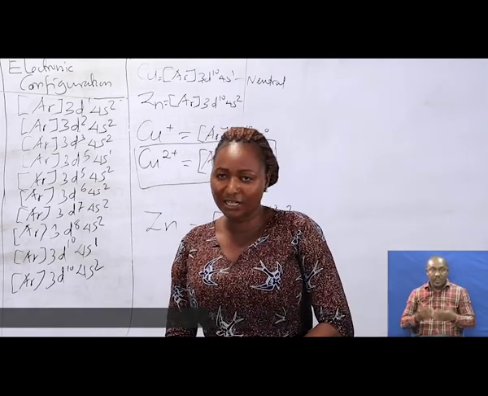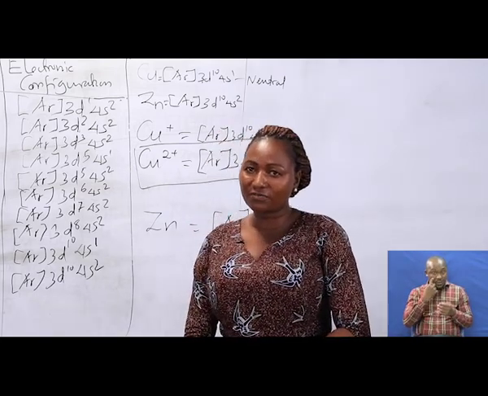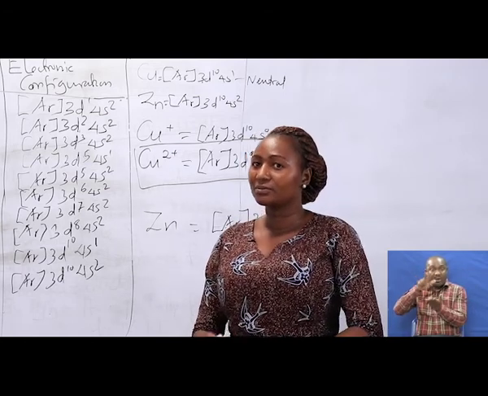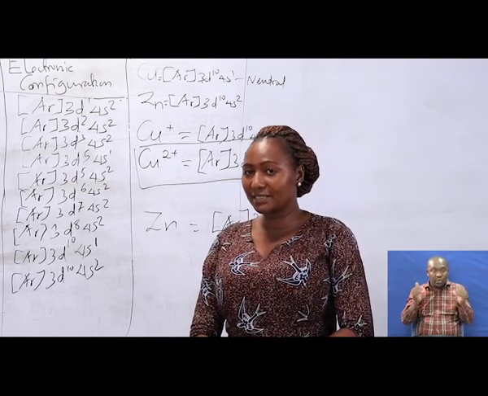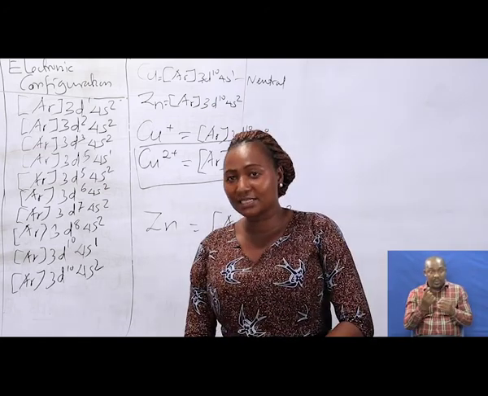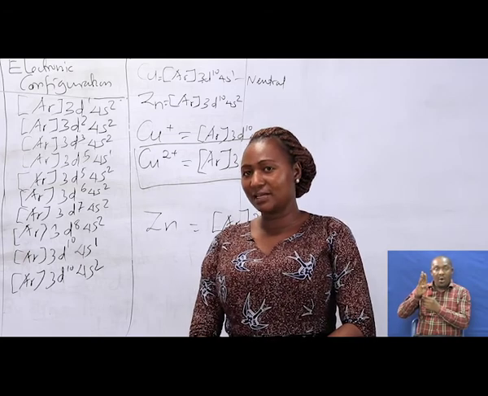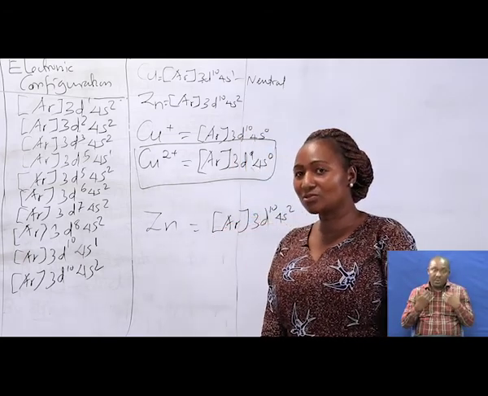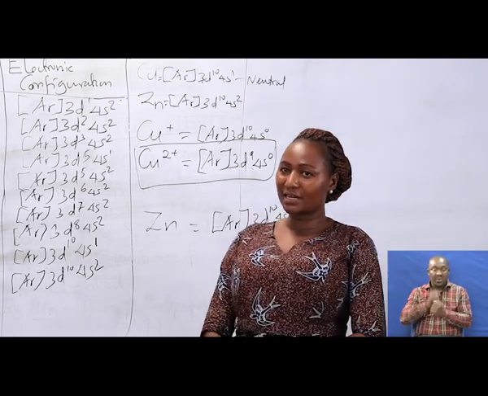If you check this electronic configuration of zinc as a neutral element, you can see that the d orbital is fulfilled. Because the d orbital is fulfilled, it is not qualified to be called a transition element.